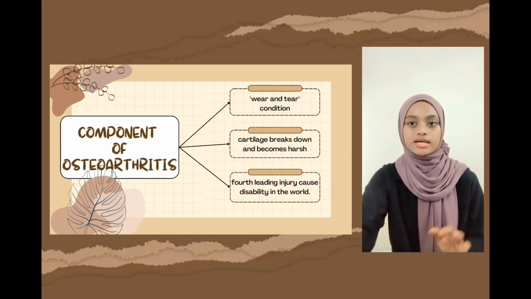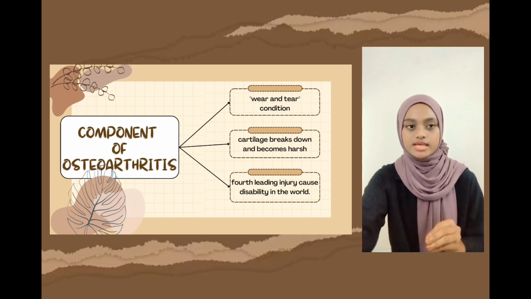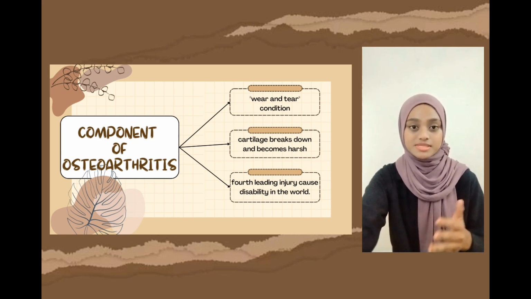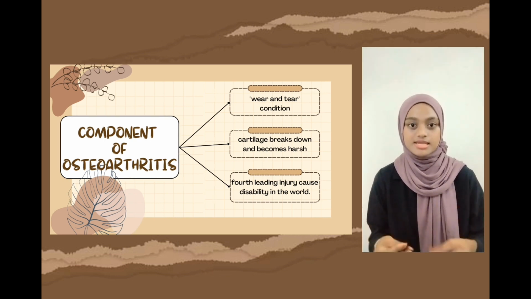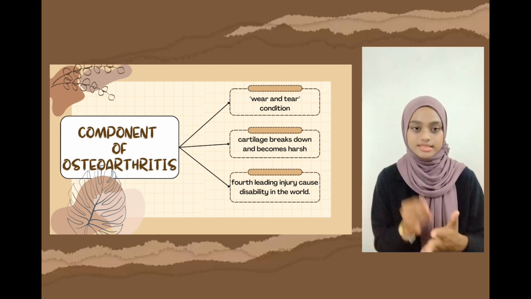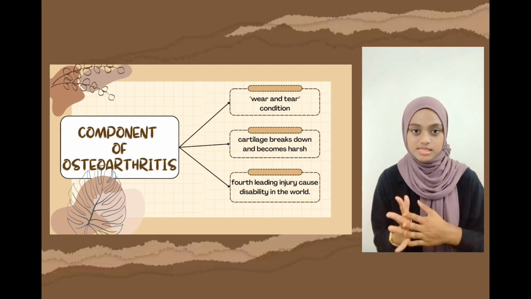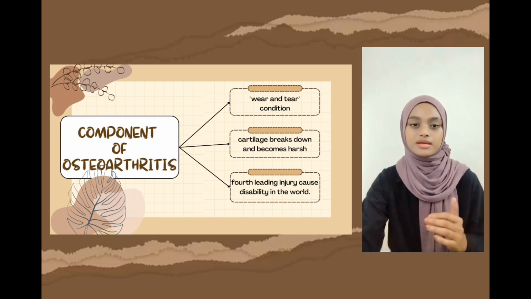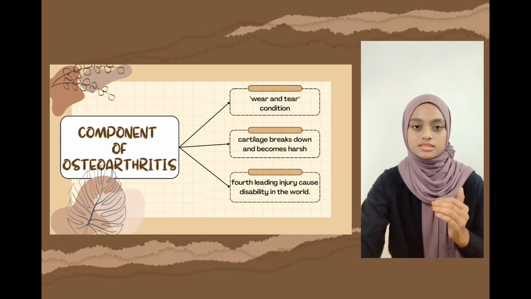Second, cartilage breaks down and becomes harsh. Why? Because at the ends of the bones in a healthy adult, they are coated in the joint with a smooth and slippery substance called cartilage. This cartilage allows us to glide and make movement effortlessly.